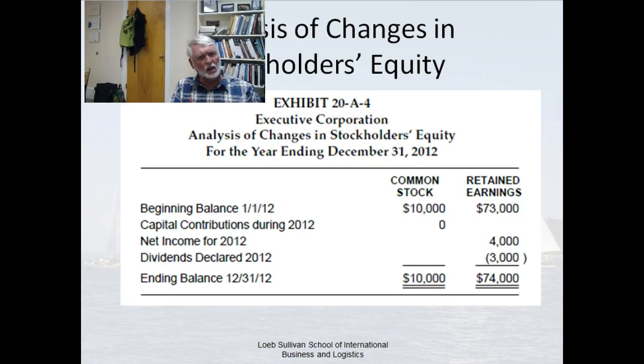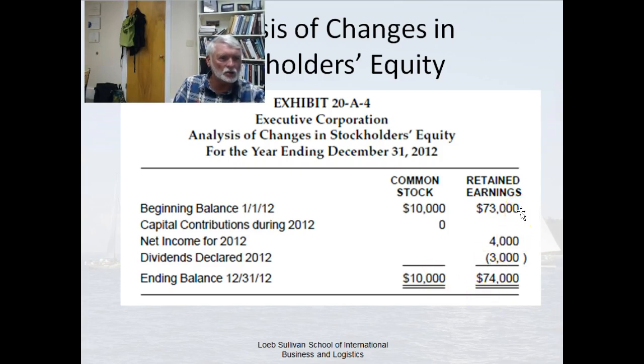You also see this statement of changes in stockholders' equity, which just details what happens. So during the year, we started out with $10,000 in common stock and $73,000 in retained earnings. We ended the year with $10,000 in common stock, so nothing happened. Don't have to put anything there because nothing happened.